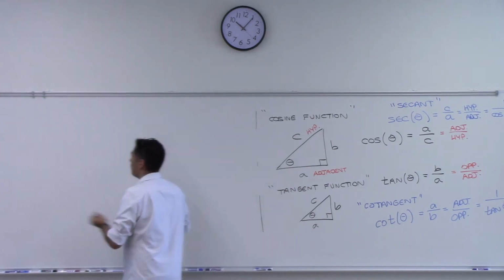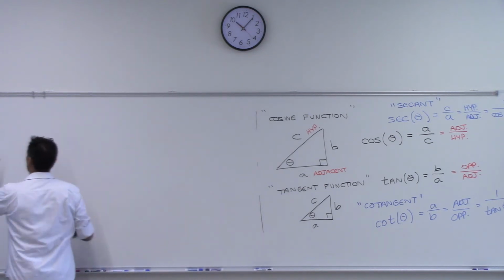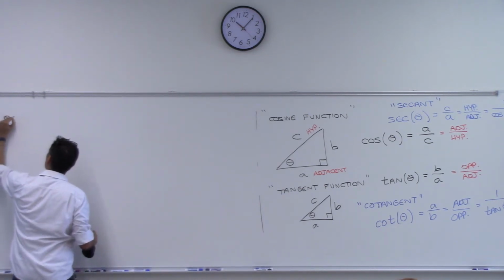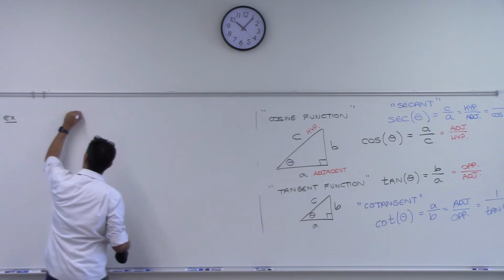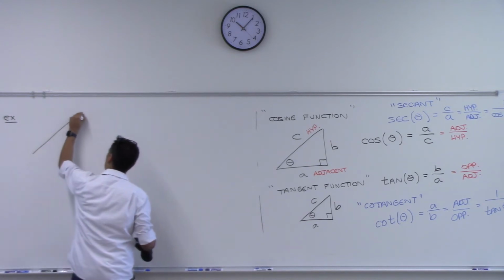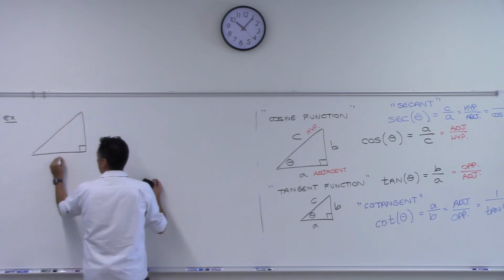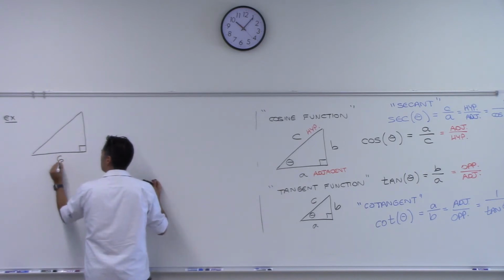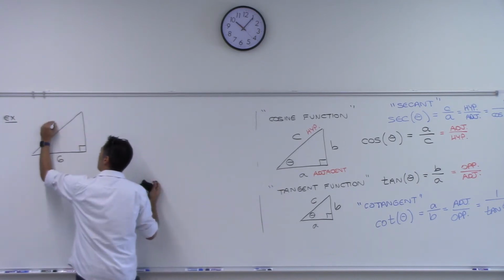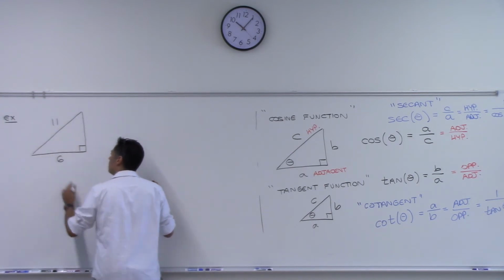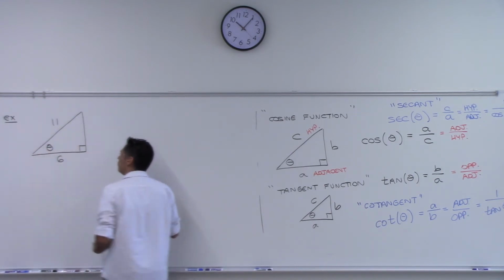All right. So let's say I give you this triangle here. Right triangle. Let's say I tell you this side here is 6. And I tell you this side here is 11. And here's theta.